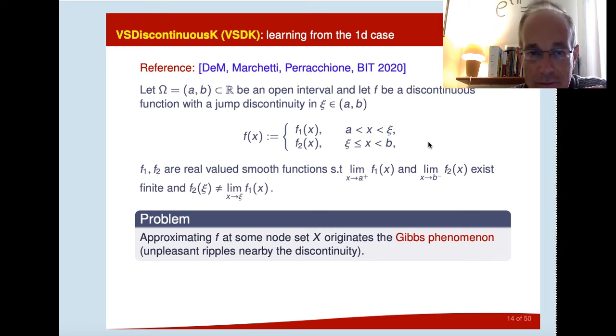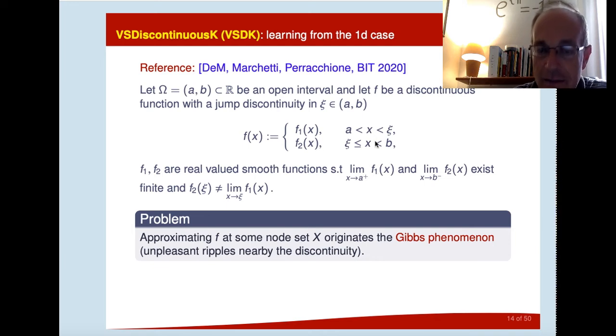So the idea is the following. Suppose we have a function with a discontinuity in a point x_c. In the point x_c, your function on the left has the value f_1 of x, and on the right it is f_2 of x. But the function can be extended in the usual way, using the so-called limit approach.